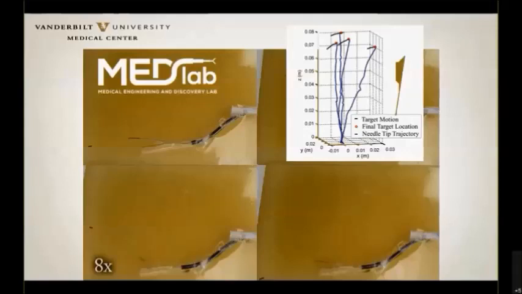I just want to show this slide from our lab here at Vanderbilt. This is pretty cool technology with steerable needles that Bob Webster has been working on for years. This is electromagnetic navigation guided steerable needle biopsy. I just want to point out that this target that you see here is hit with a remarkable degree of accuracy. This is all electromagnetic navigation.